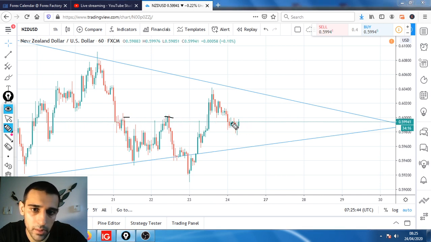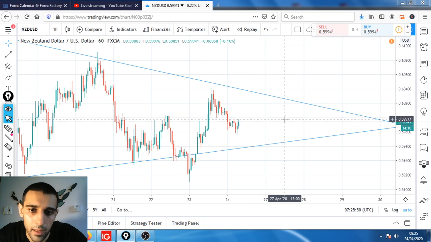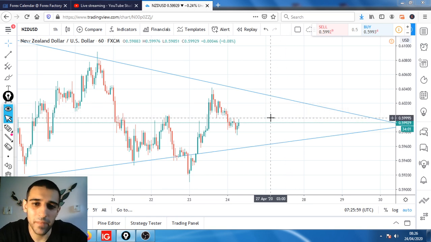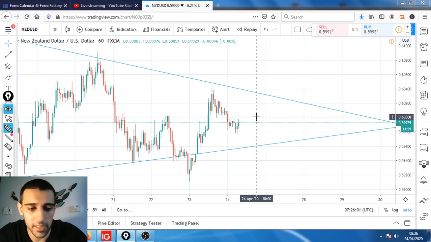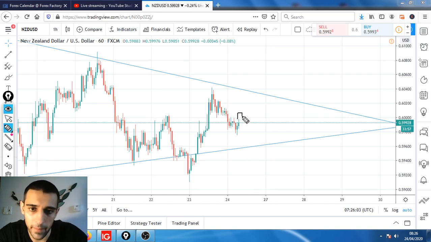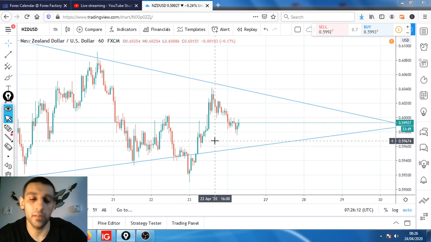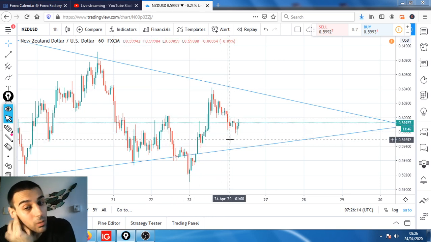We also have this little high in here, so ideally I want to see a break of this high, and that's going to happen at roughly 60.00. If it pushes up an extra 10 to 15 pips and closes nice and strong, then that will be good. Then I will be jumping into the long side in this case, because the candles are looking strong towards the upside on the shorter time frames, the 4-hourly and 1-hourly.